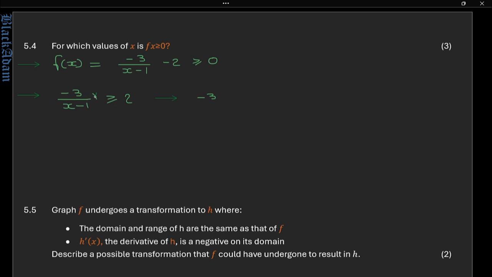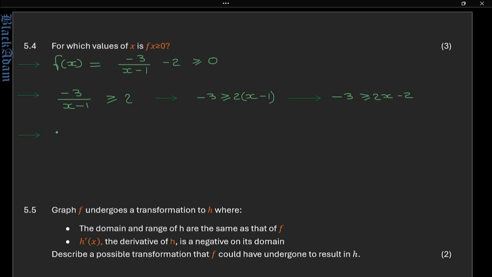Multiplying by x minus 1, we have -3 is greater than or equal to 2 times x minus 1, that gives us -3 greater than or equal to 2x minus 2.